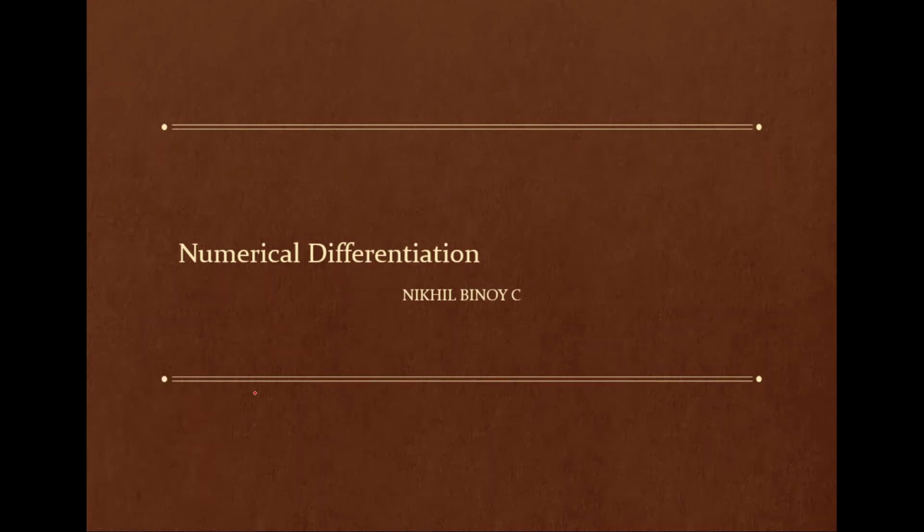So today we are going to start the discussion about numerical differentiation. Numerical differentiation means if you have a function f of x where x is the independent variable, then differentiation means d by dx of f of x, d square by dx square of f of x, etc. These are the differentiation.